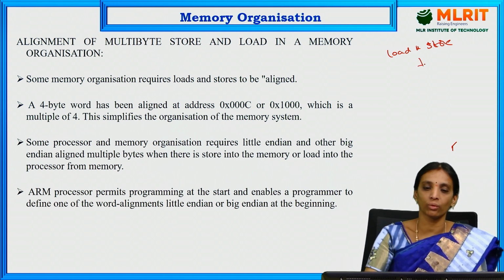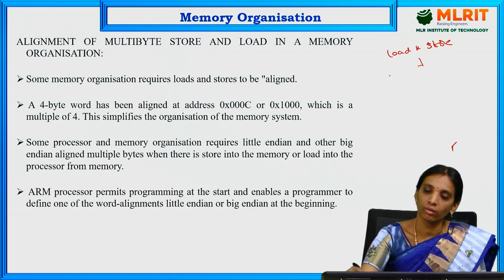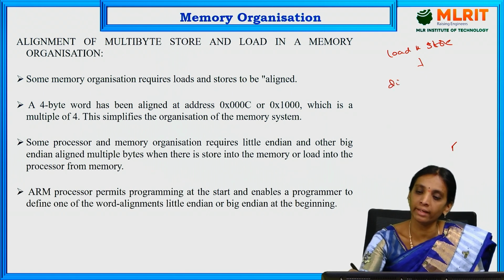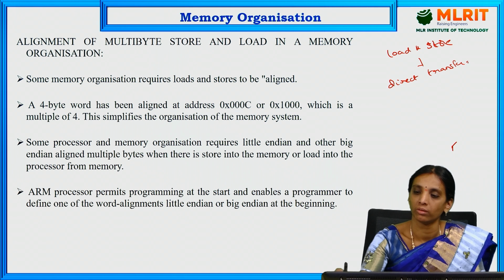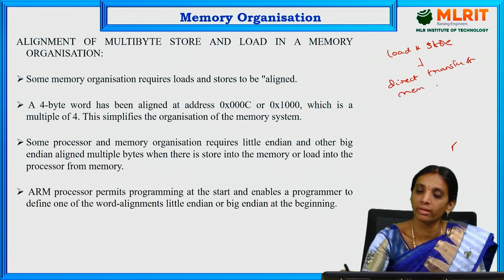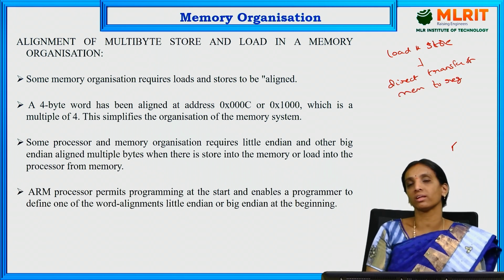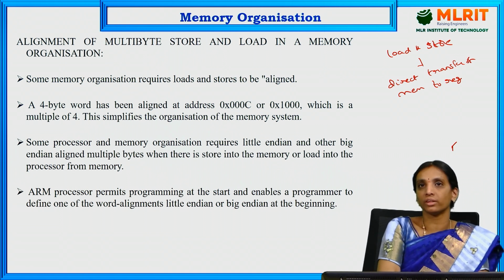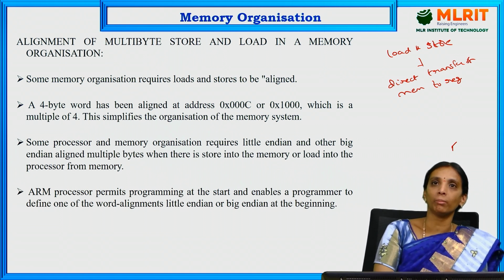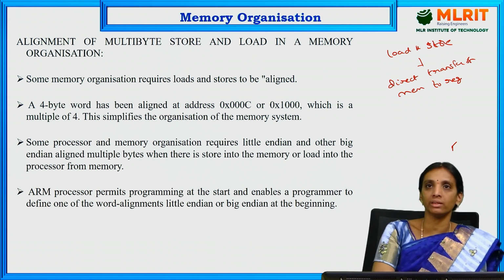Load and store architecture means we can have a direct transfer of memory to register. These load and store instructions indicate the direct transfer of data between memory and registers. We can transfer the data from register to memory and from memory to register directly by using ARM processors.